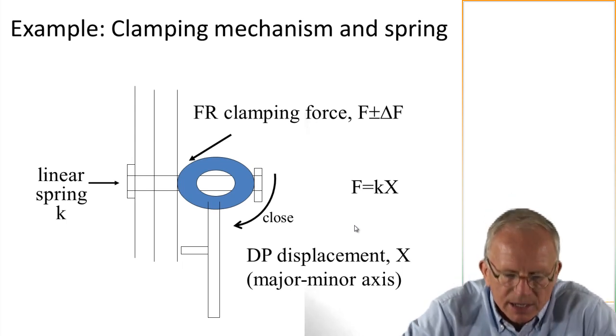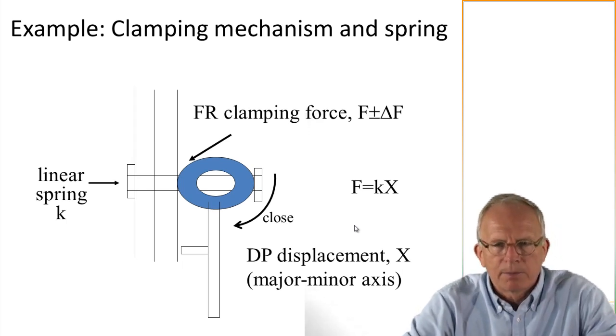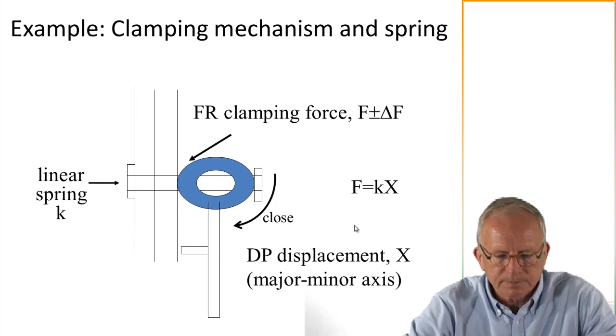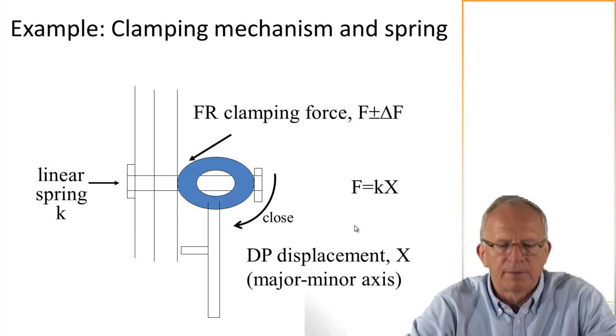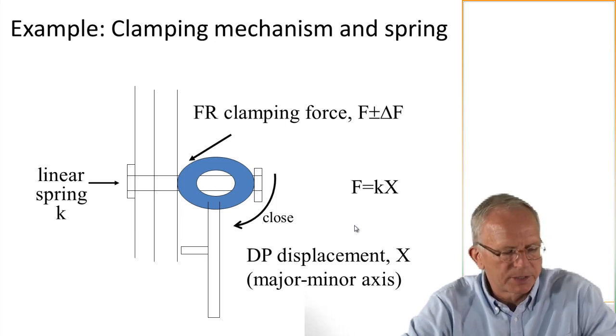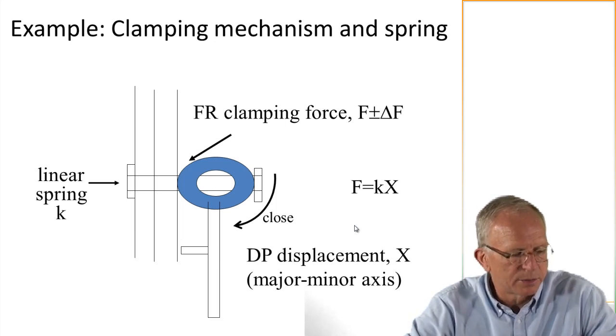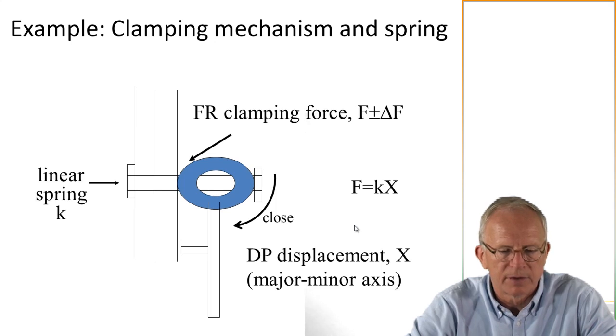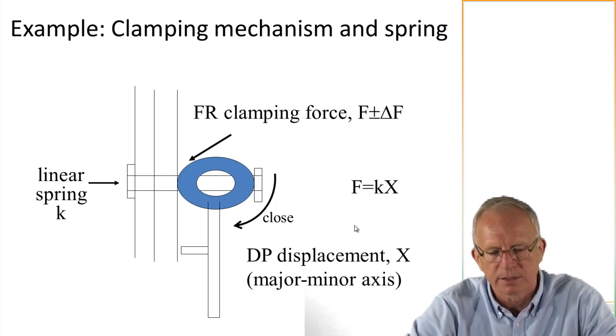All right, let's take an example then of a clamping mechanism. So here we have schematically represented a clamp, and this is intended to provide a load across an interface between 2 plates, which are represented here by 3 vertical lines.